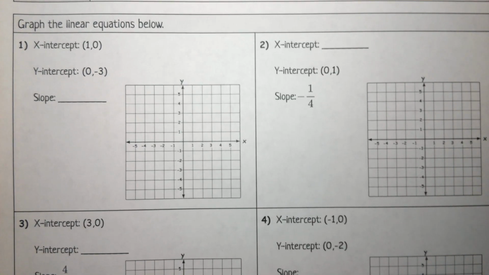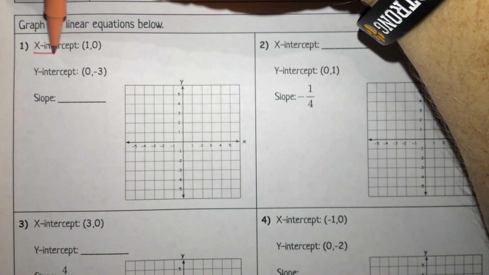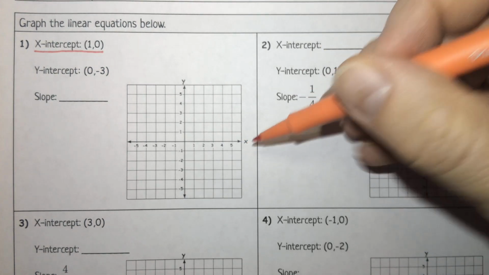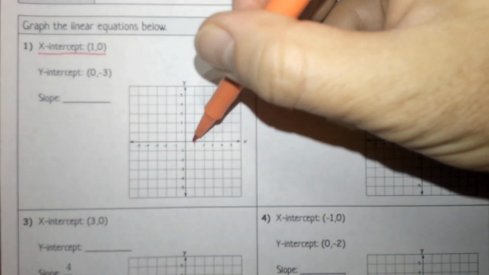So let's do some examples. I want to graph the linear equations below. So look at number 1. The first thing I have is an x-intercept of (1, 0). So on the x-axis, I go over to 1, put a point.